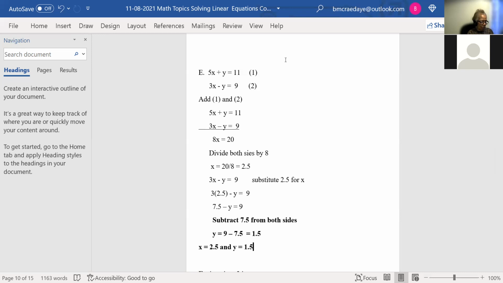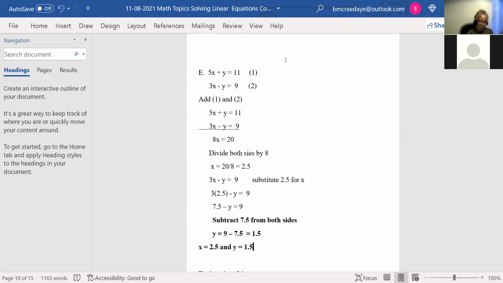I'm trying to find where I copied the equation. 5x plus y, 3x minus y is 9.